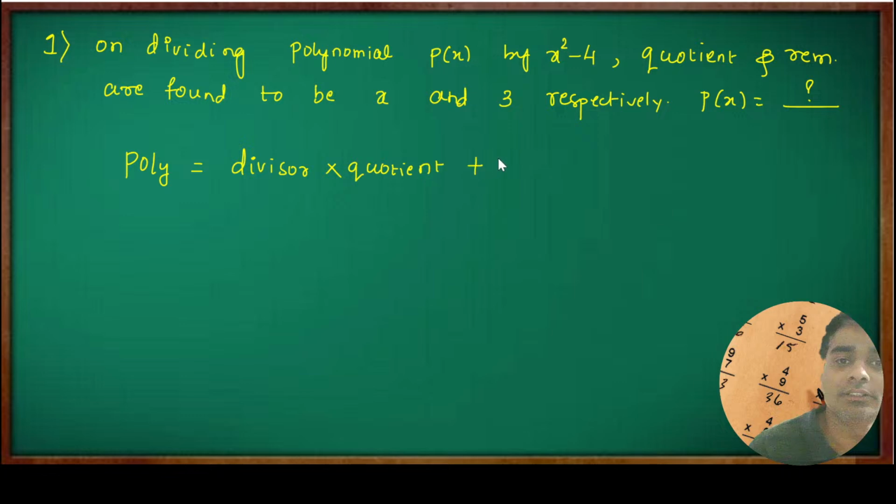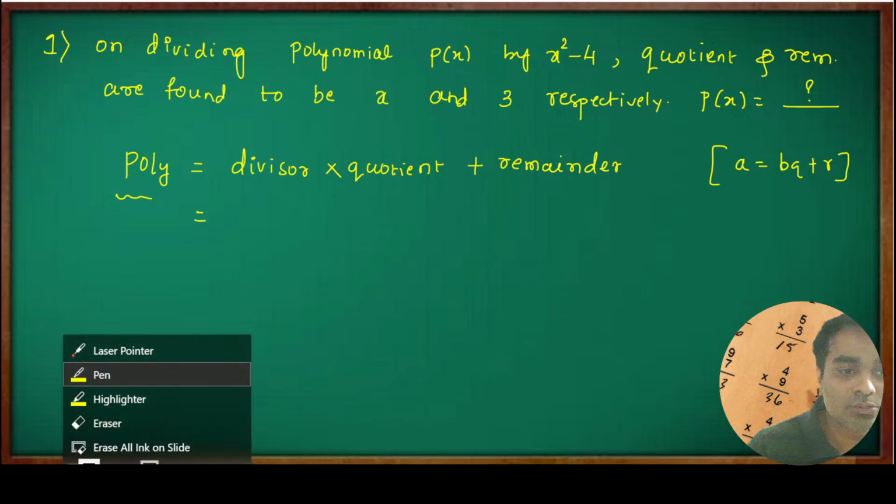This is the formula. In your textbook, it is given as a equal to bq plus r. So we need this polynomial.